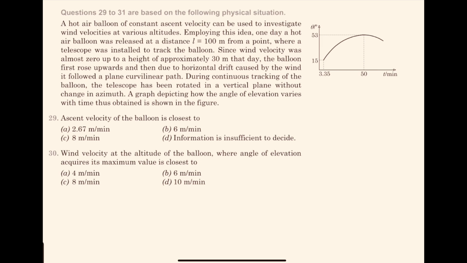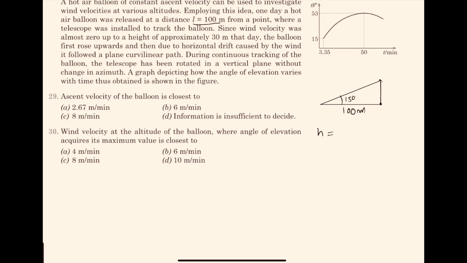So now if we have to find the ascent velocity of the balloon, it is given that at 3.35 minute it was at 15 degrees. Since this is happening from a distance of 100 meter, when it achieves 15-degree angle, the height at that instant would be 100 tan 15-degree, which nearly comes out to be 26.8.